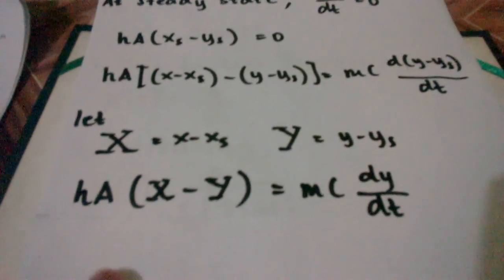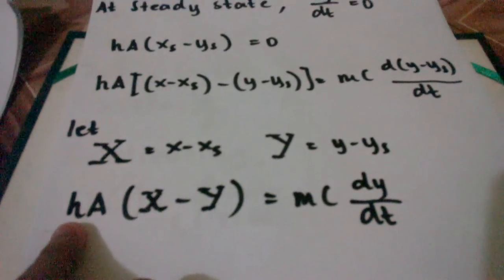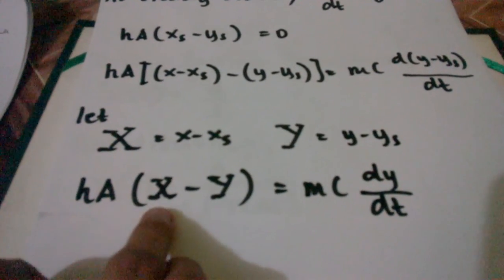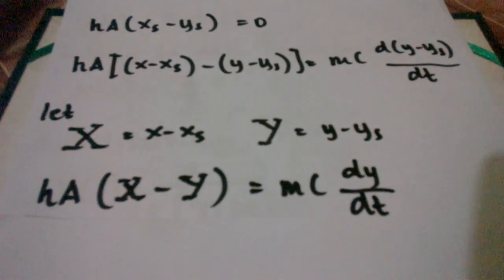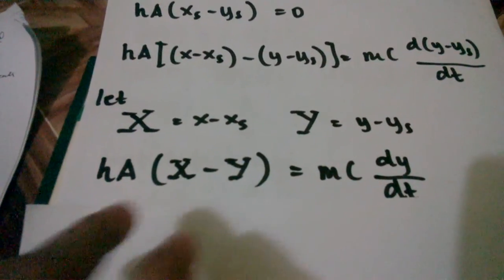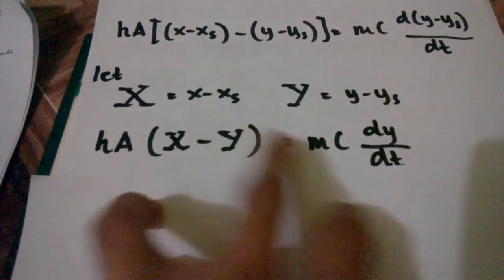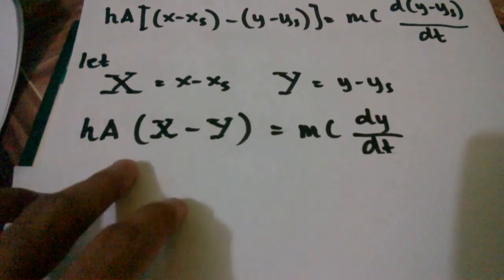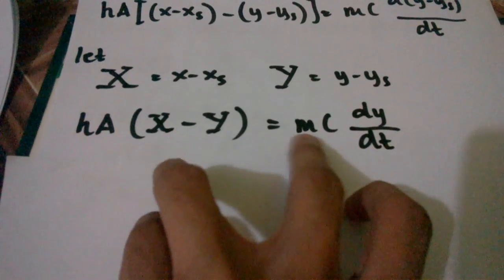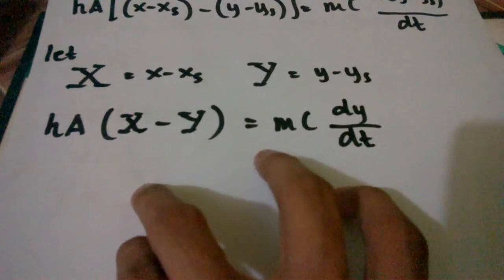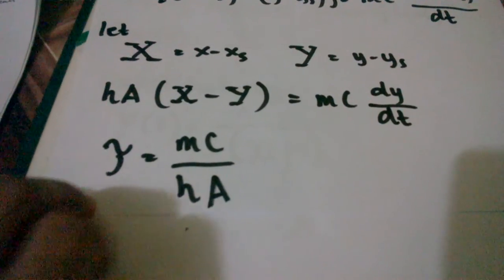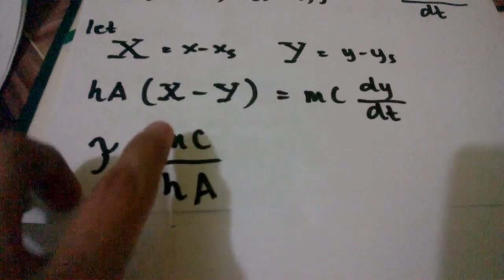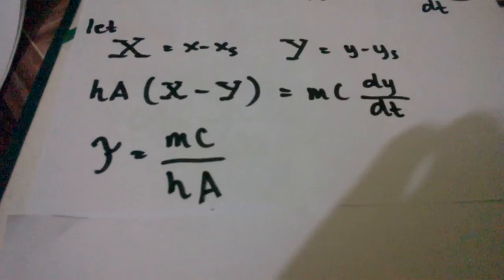Upon substitution, we have HA times x minus y is equal to mc dy over dt. Dividing both sides by HA, we have x minus y is equal to mc over HA dy over dt. So let us let tau be mc over HA.